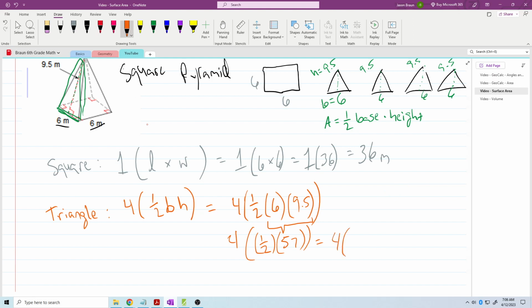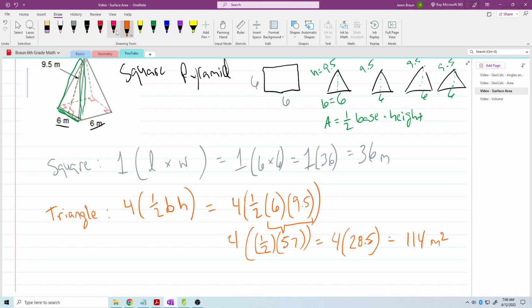You don't want to forget about that. Then take 28.5, multiply it by 4 to get a result. Your result then would be 114, and of course units, units, units.